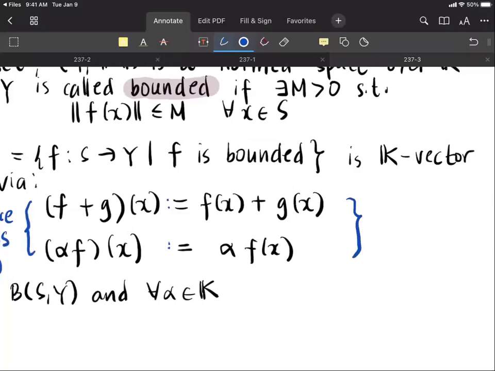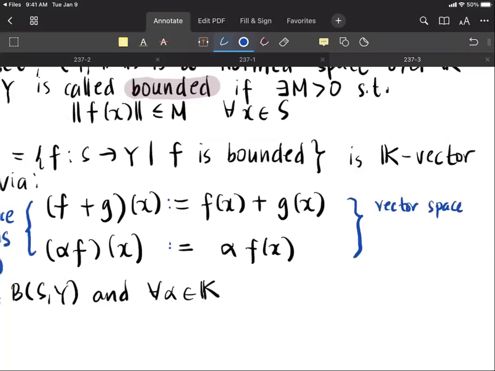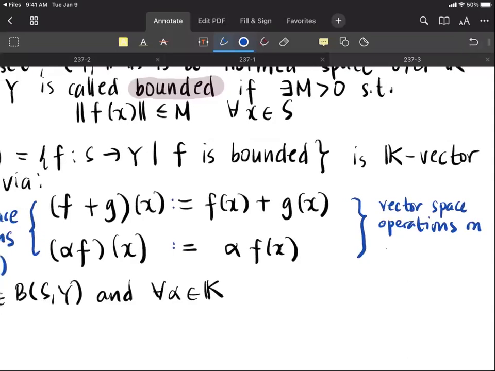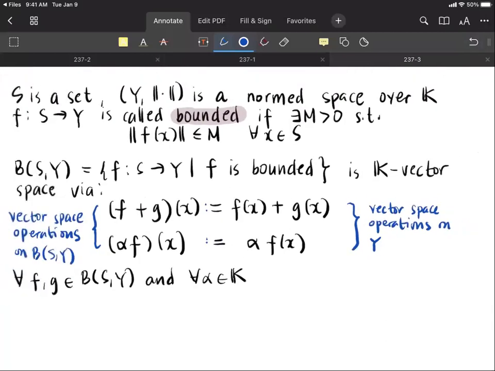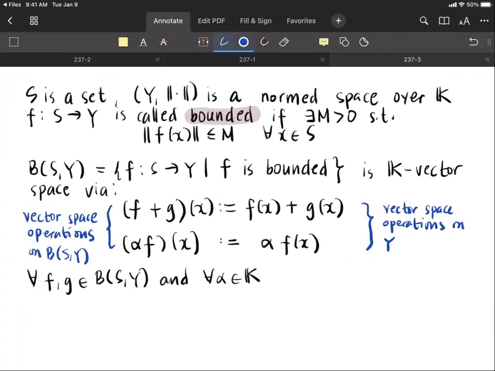And here, the sum and the scalar product are the vector space operations on the image, in other words, on the space Y. So do not be confused with the additions here. The addition on the left is the addition that we are defining on the space B(S,Y), and the addition on the right is the addition on the vector space Y. And similarly for the scalar multiplication.